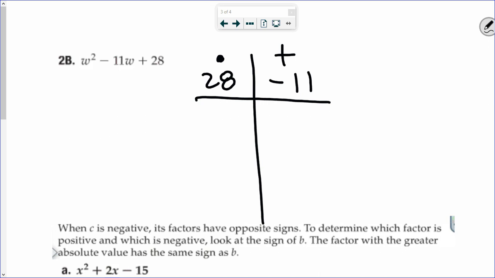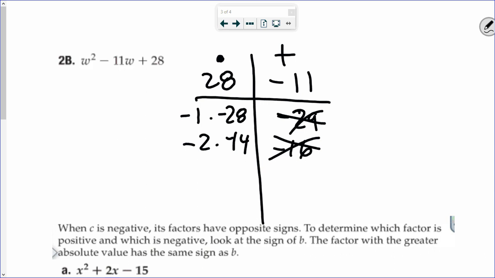All right, if you're coming back, okay, we list the factors. We go negative 1, negative 28. Not going to work. Negative 2, negative 14. That's negative 16. Won't work either. Negative 3 times... hey, negative 3 doesn't go into 28, so not going to work.